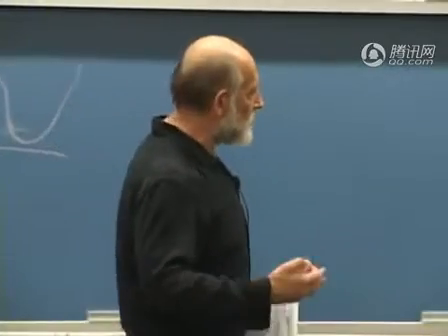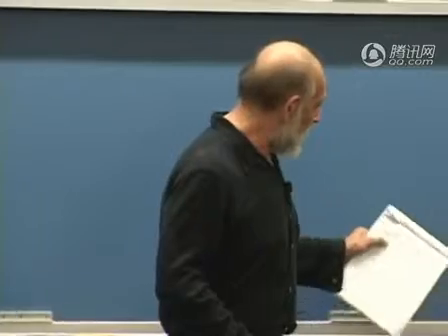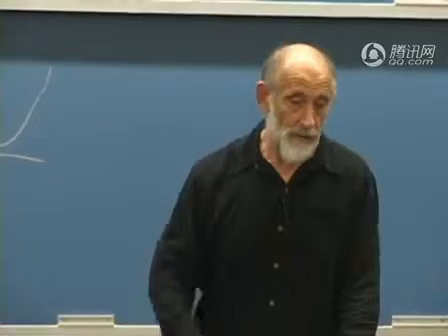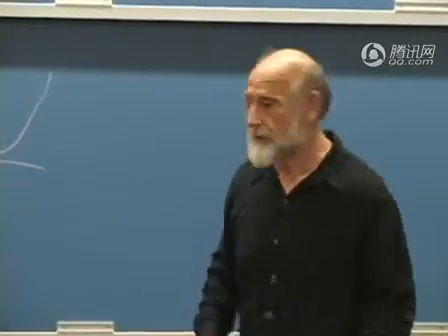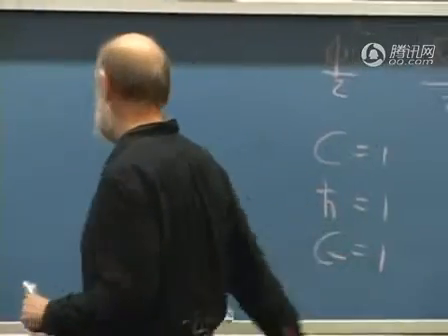The natural unit of time is 10 to the minus 42 seconds. And the natural unit of mass, anybody know what the Planck mass is? How much? 10 to the minus 5 grams. All right, so these are natural units in which the most basic constants of nature are equal to 1.